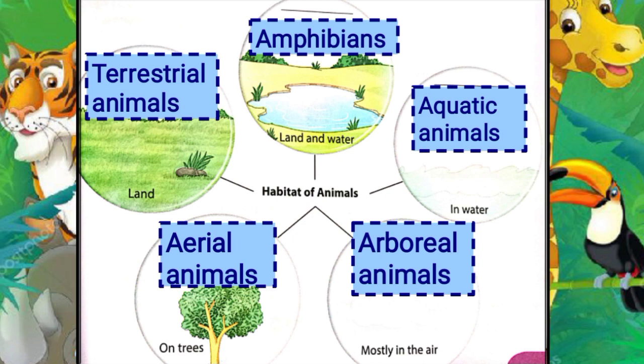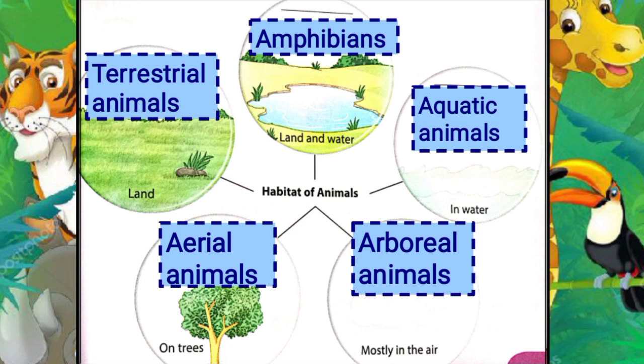Animals live in places where they get the right food. A fish can only live in water. Animals with a thick furry coat live in very cold places. So the place where an animal lives is called its habitat.